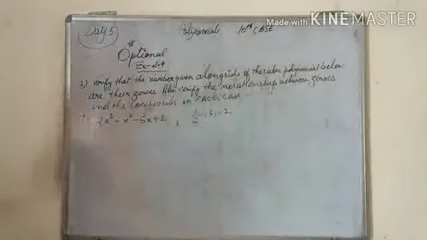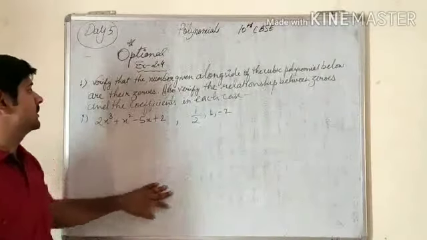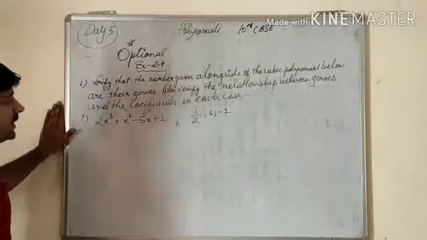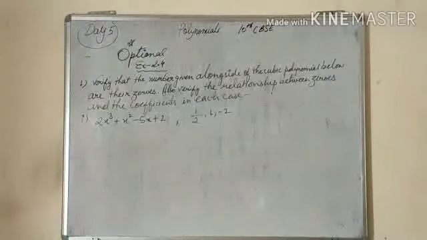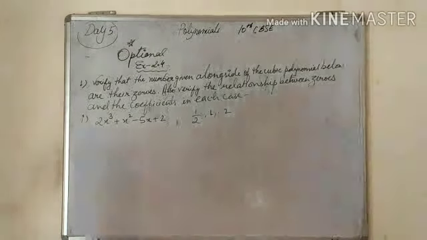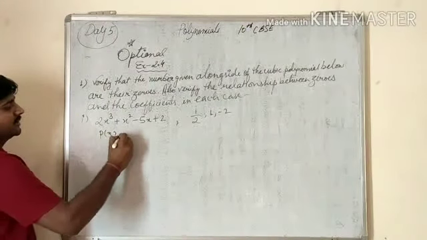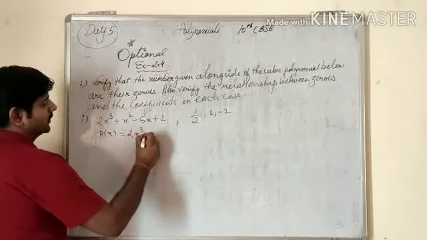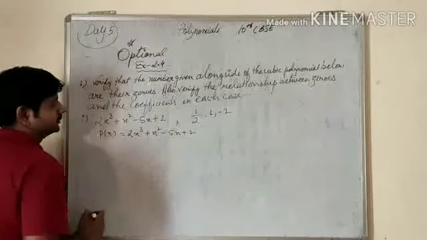The question is so simple. First of all, it is given these are polynomials, and the zeros of the polynomial we have to verify. So how to check? Let's see. First of all, one by one we will put the values. So suppose this is the polynomial p(x), which is 2x cube plus x square minus 5x plus 2.